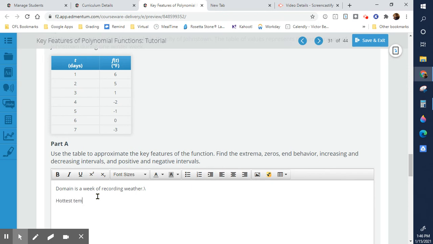Hottest temperature was 6 degrees Fahrenheit. I'm just going to put F. And lowest temperature was negative 3 degrees Fahrenheit.